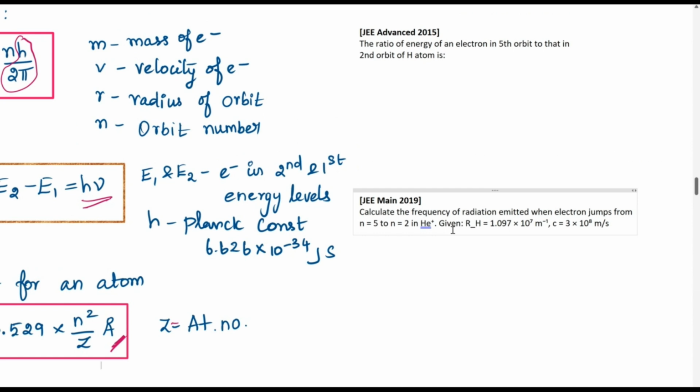The ratio of energy of an electron in the fifth orbit to that in the second orbit of the hydrogen atom is. They're just asking us to find the ratio.